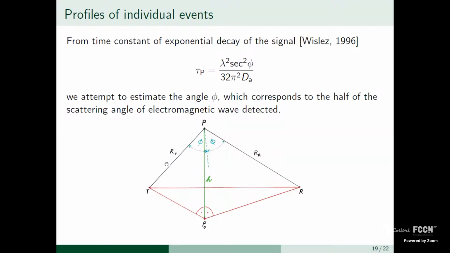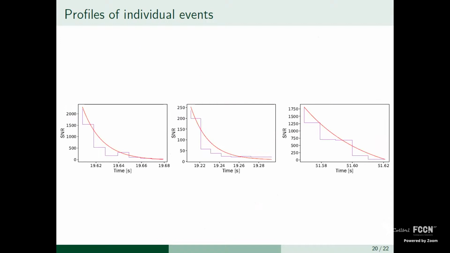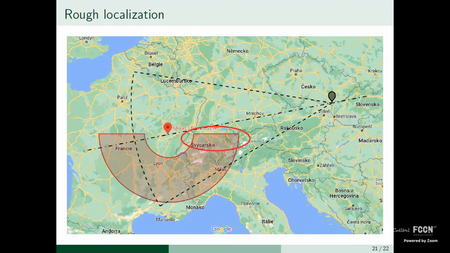And that's it, because these black distances you can calculate with simple geometry, precisely through the cosine rule. And then you obtain these angles. And I managed to locate the meteors to this area, which is not weird because it's the closest region to my receiver.